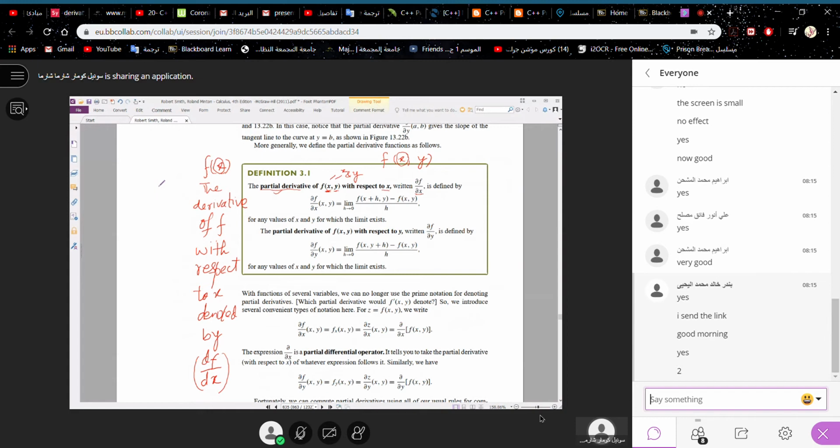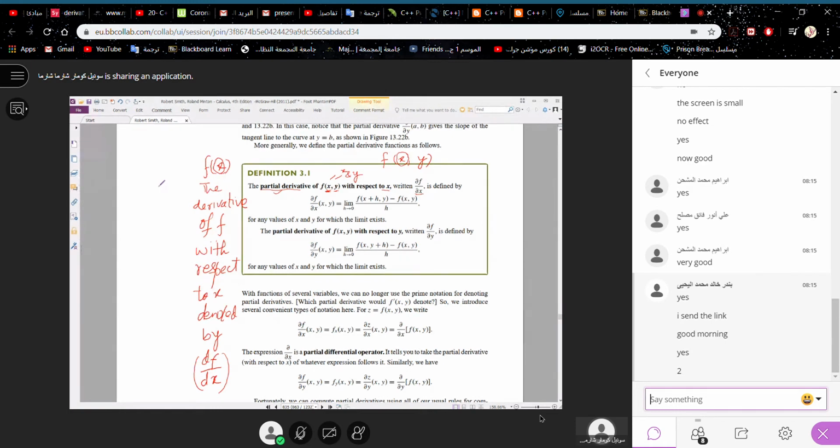For example, if some question is for 10 marks, and if you do some step correctly, then how many marks are given to you? Partial marks, not full marks. So this partial is related to that. So you are differentiating with respect to x.